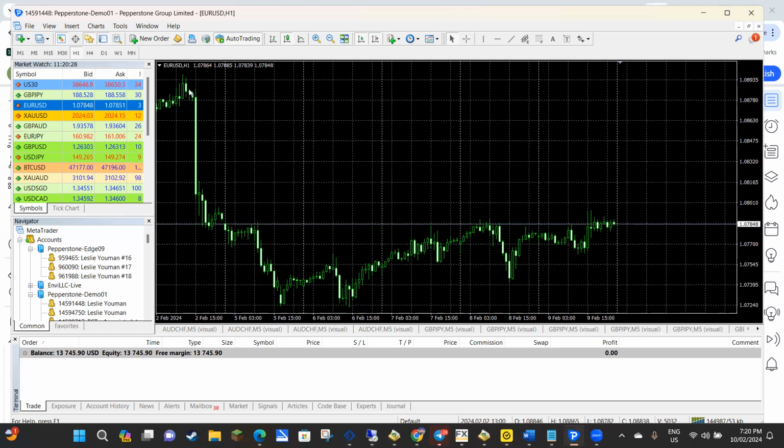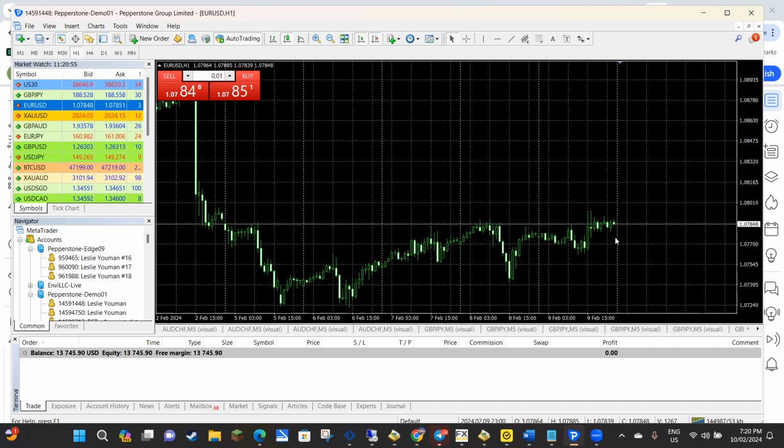So 5 days ago, the value of the euro against the US dollar was much higher, and it's come down, back up a little bit, and then hung around there. So when we actually place that trade by clicking either sell or buy, it'll put a dotted line across at the current market level. And over here, it will say sell 0.01 and it'll have a number for that trade.